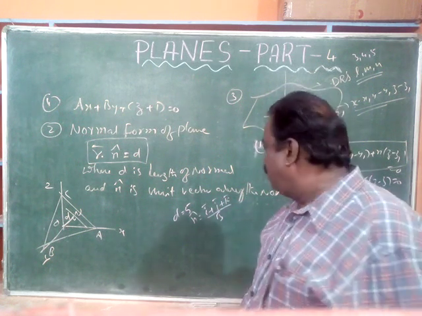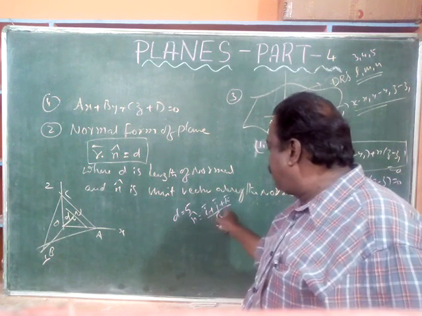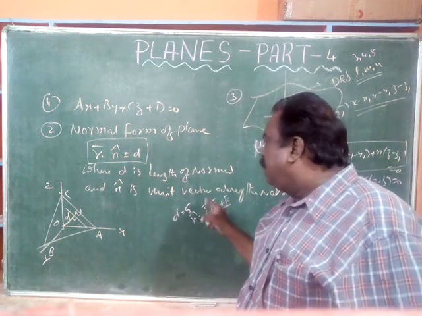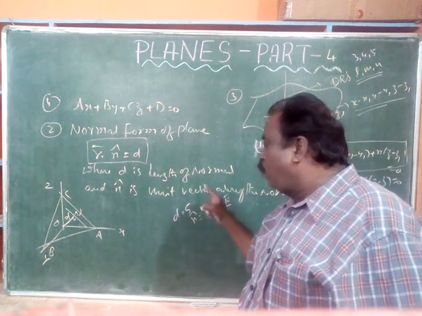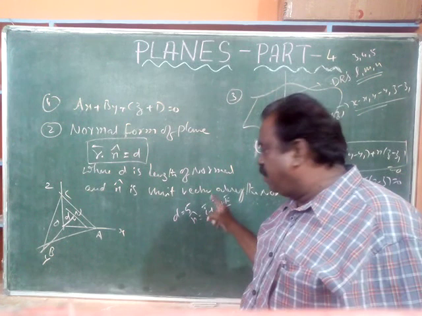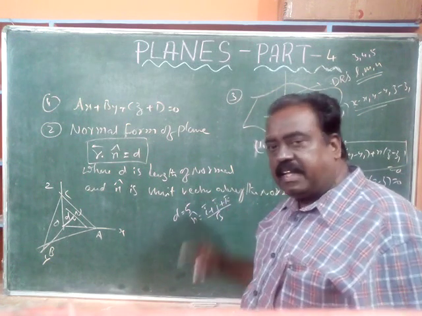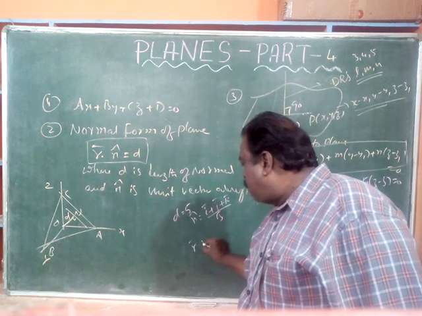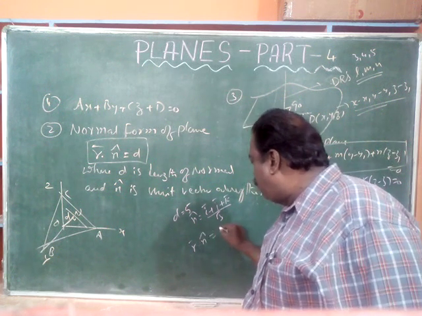You assume it is n cap because this is a unit vector. The equation of plane whose length of normal is 5 units and n cap is unit vector along that normal, that equation is r bar dot n cap is equal to d.